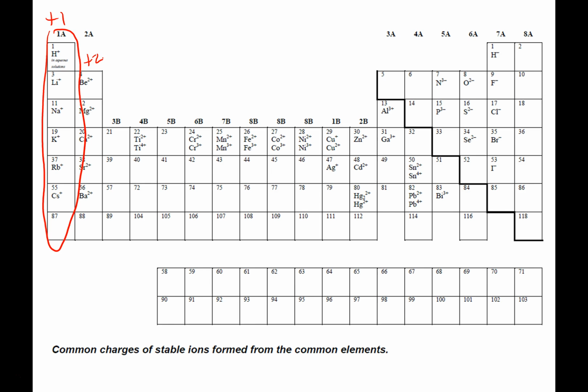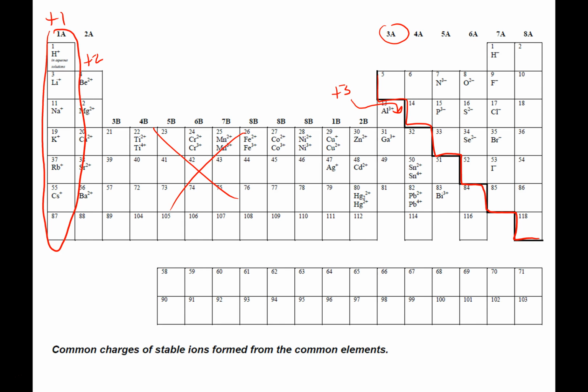Now I'm going to skip the group B elements and go to 3A, under the zigzag line, because that's where my metals are. What do the 3A metals form? I think they all form a +3, so I'm going to put a +3 under aluminum. Very good.